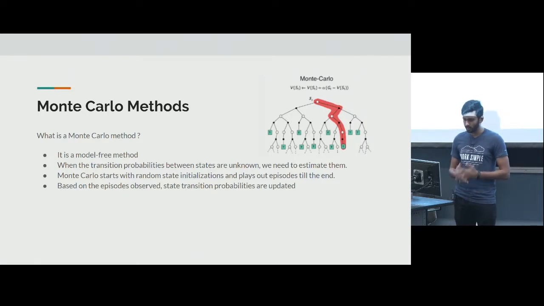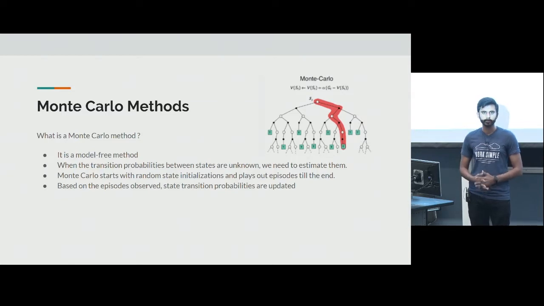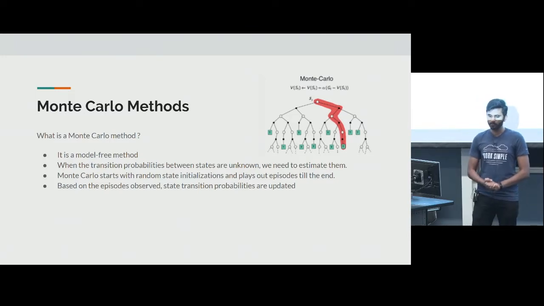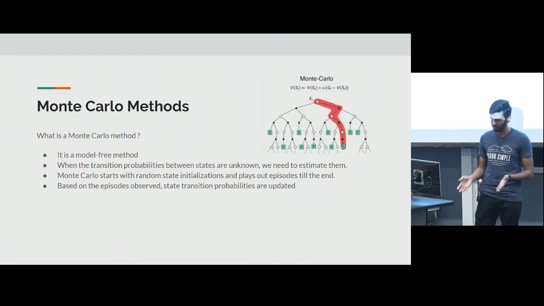So how does this work? We know that the objective is to learn the transition probabilities between states given actions, and one way we could do it is you initialize an agent in a random state, and you keep playing out actions by some policy, which basically tells you how to act in the environment, and you collect the set of rewards and the next states, and this collection is called an episode.